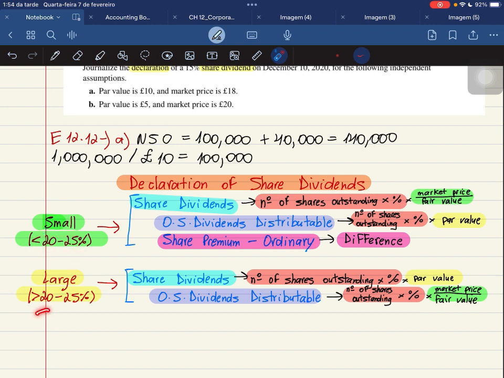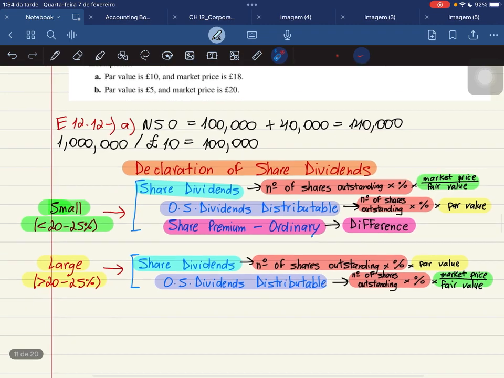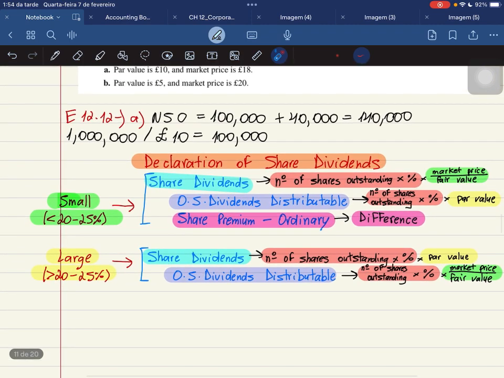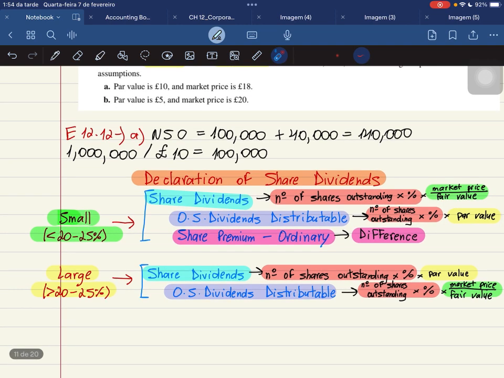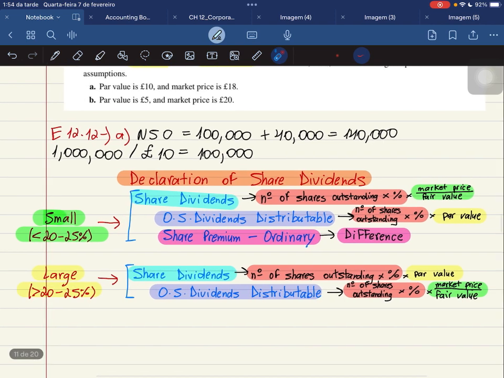If they're bigger than 20 to 25%, they are large. Now, what if it is exactly 20% or 25%? Well, I believe you're not going to see any exercises that have rates exactly like that. In this exercise it is 15, so we definitely know that it is small, or it is going to be 30, so we will know that it's large.